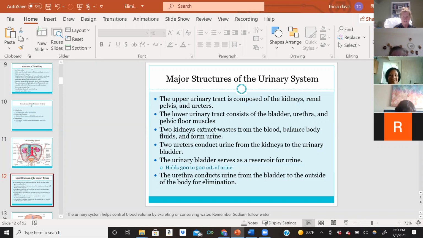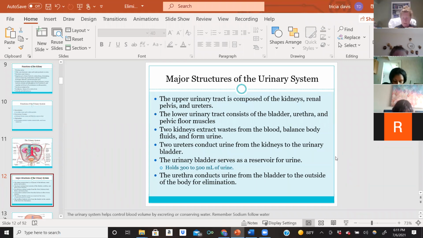We have two kidneys, one on each side of the body, which extract waste from the blood, help balance body fluids, and then ultimately form that urine. We have two ureters that conduct urine from the kidneys to the urinary bladder. And then that urinary bladder we know serves as a reservoir for the urine.